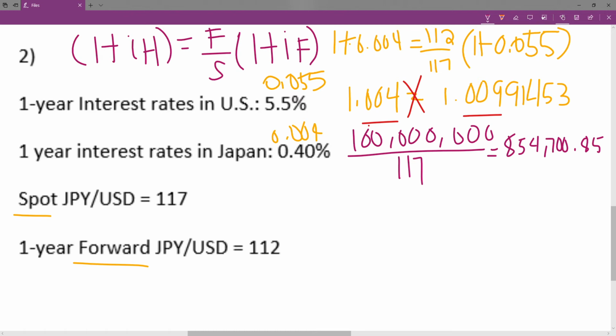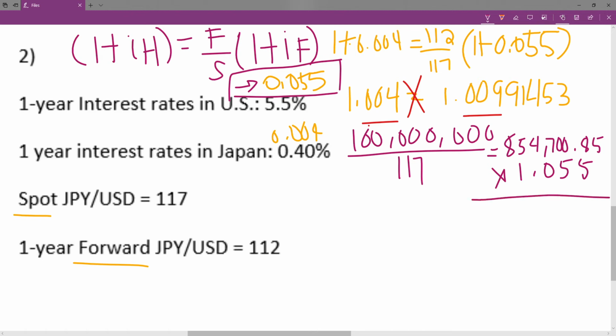Then we're going to find the return on our investment. And we're going to do that by taking 854,785 times 1.055, which is just our American interest rate plus 1.